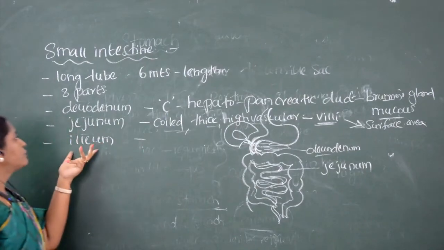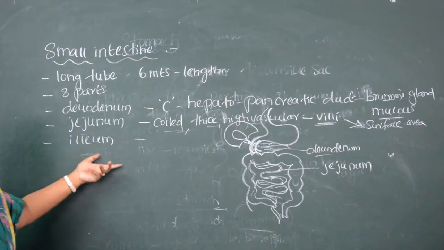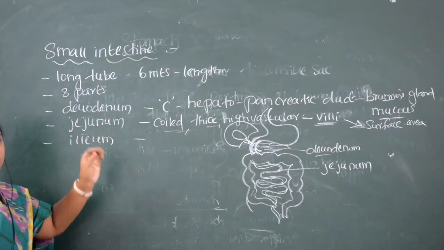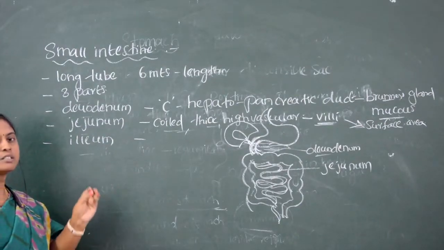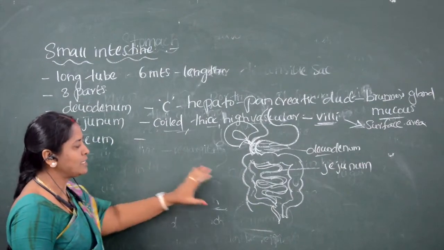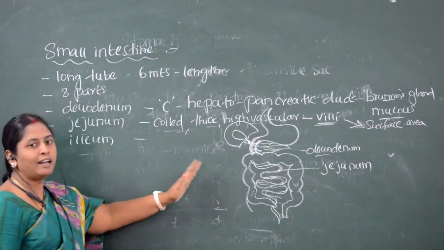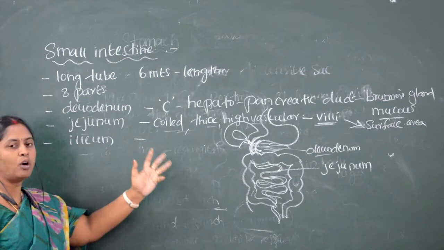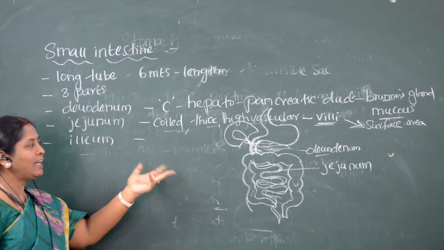So we can say the main function of the small intestine is absorbing the digested food materials. Which structures absorb the digested food in the small intestine? The finger-like structures called villi and microvilli.